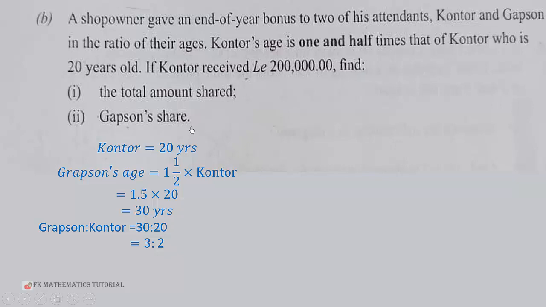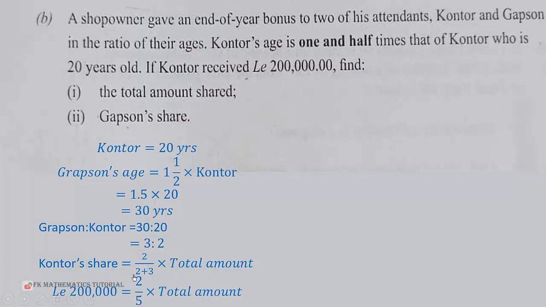Now we're told that the total amount shared, we need to find it. If Contour received 200,000, so let's assume that we are finding the amount received by Contour. So we take Contour's ratio, which is 2 over the total ratio, which is 5, times the total amount, and that should be equal to 200,000.